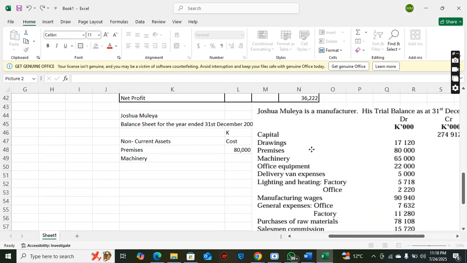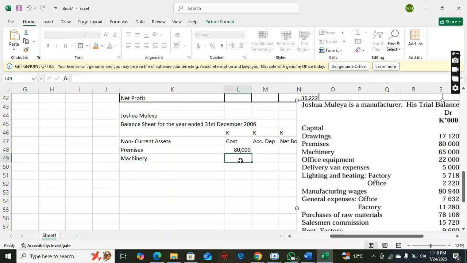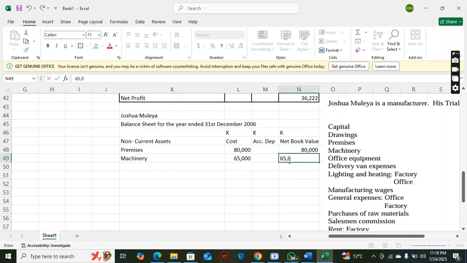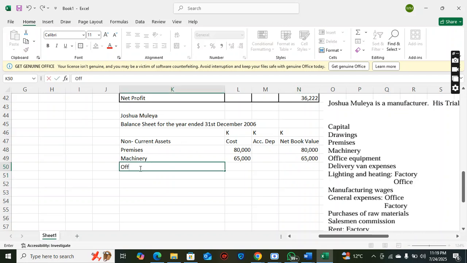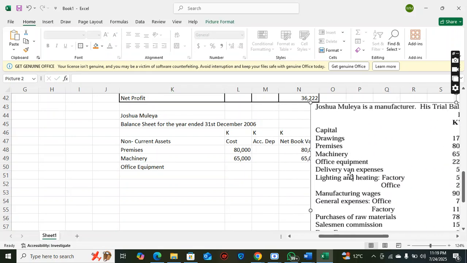Machinery, how much? 65,000. Next is equipment, 22,000.